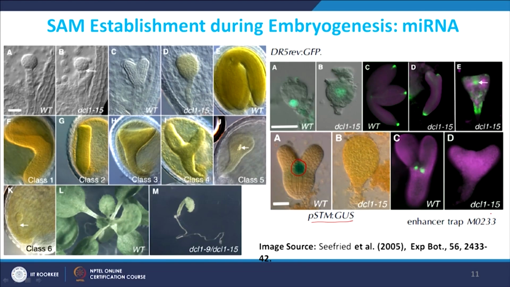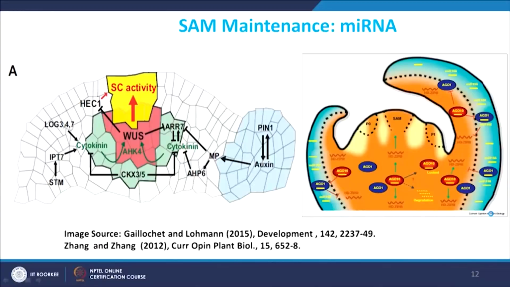So this suggests that when you have a disrupted microRNA pathway, neither is the stem cell maintained nor is proper organogenesis taking place, because auxin maxima is not being generated or proper auxin responses are not getting generated here. So microRNA is working as one of the critical pathways to regulate the stem cell activity in the shoot apical meristem.